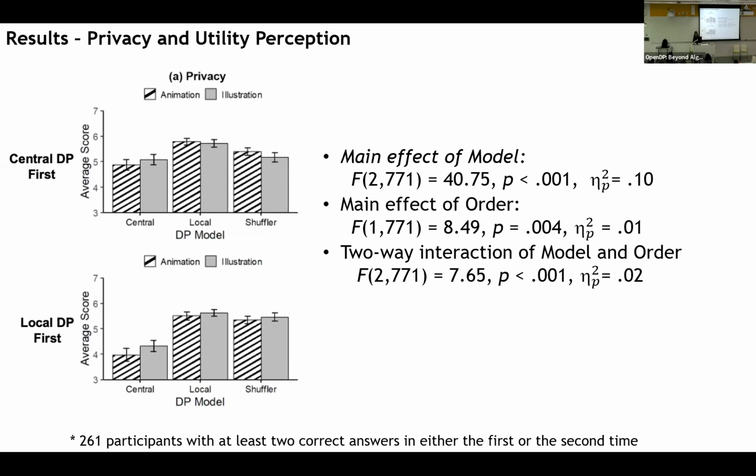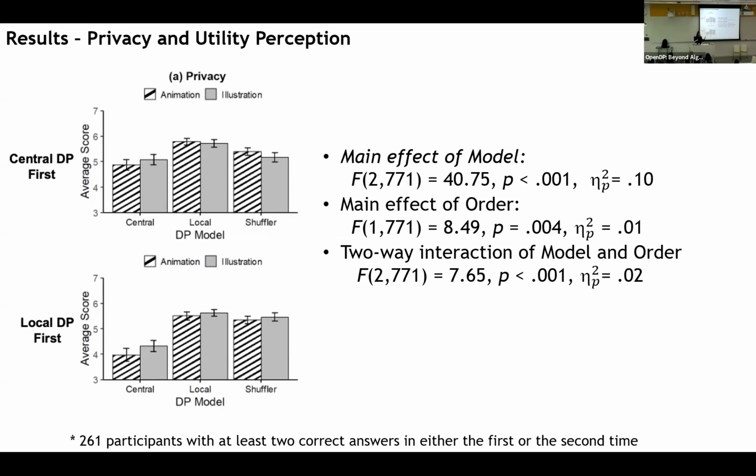The shuffler DP, as I explained before, has a shuffler added, so the mechanism is closer to the local DP. That's why we only counterbalanced the order of the central and the local, but not the shuffler DP.